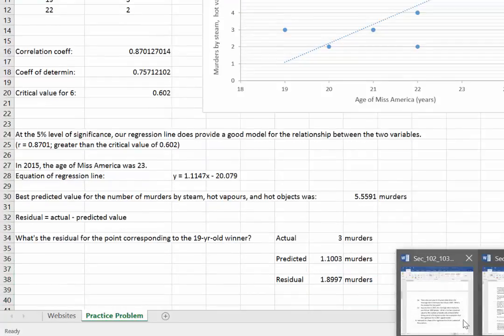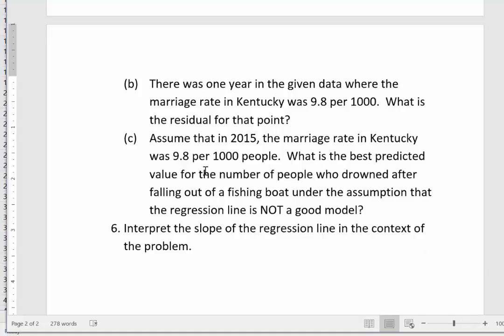And then the next question is, what is the best predicted value for the number of murders, assuming the regression line is not a good model?